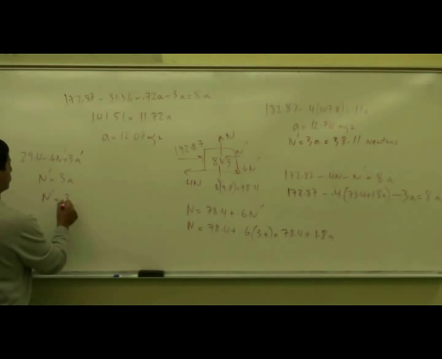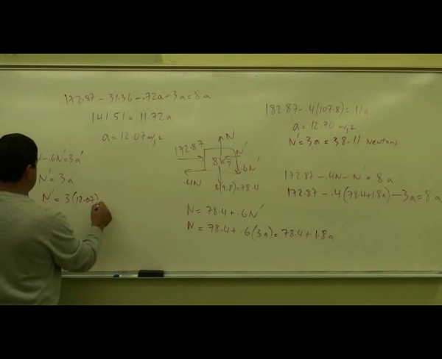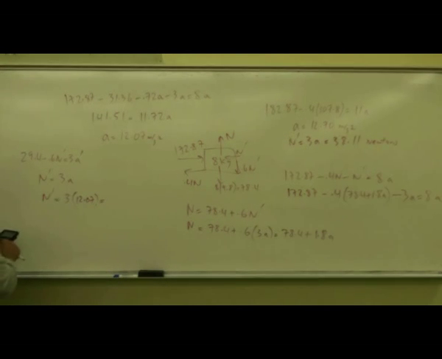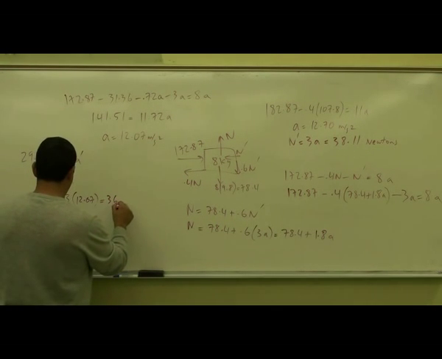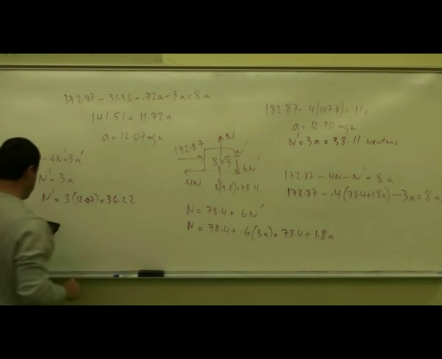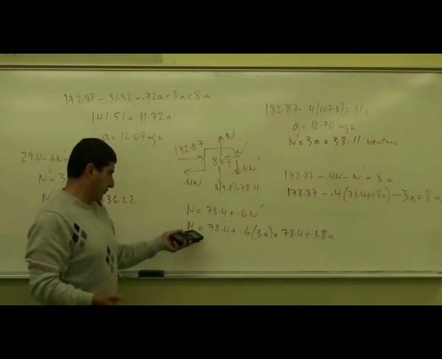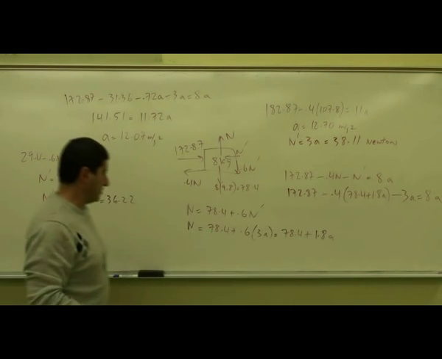N prime is equal to 3 times 12.07, which is 36.22, because I'm using a non-rounded version here. N prime equals 36.22. We could also solve for n if we wanted to get the answer.